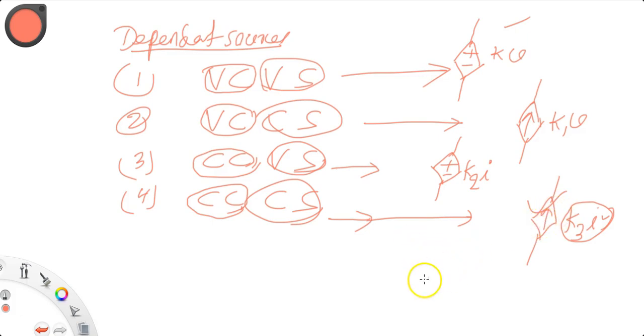We will not deal with dependent sources like K2 I square or K3 times I over root 2. As all the circuits we deal with are linear circuits, we will always deal with linear dependent sources. The analysis part we will discuss later with examples.